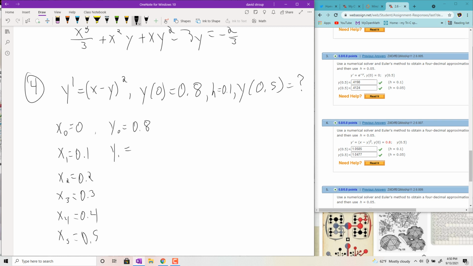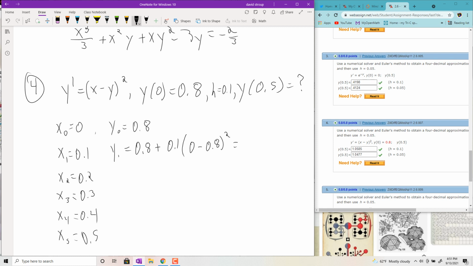So y sub 1 will be y sub 0 plus h times f of x comma y. So you're basically plugging x0, y0 into y prime. So you get 0 minus 0.8 squared. And then you just go to your calculator.